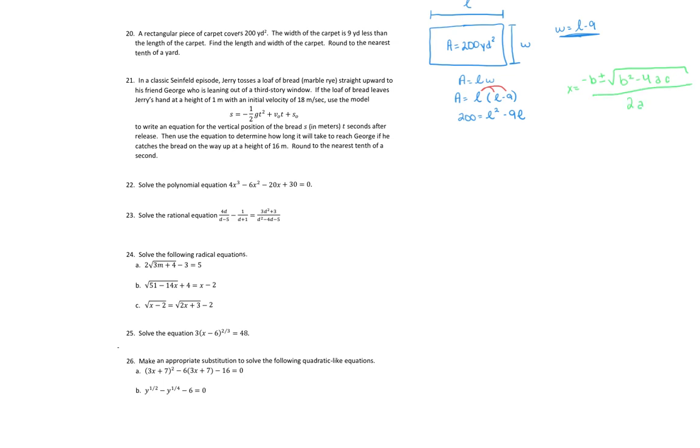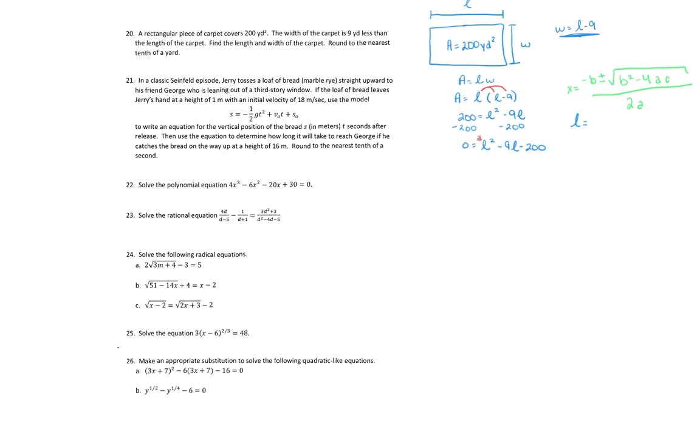And in this case, we can say our x is actually our L. So we'd have L equals, and I'm going to move this 200 over to get it in the form of ax squared minus bx minus c.